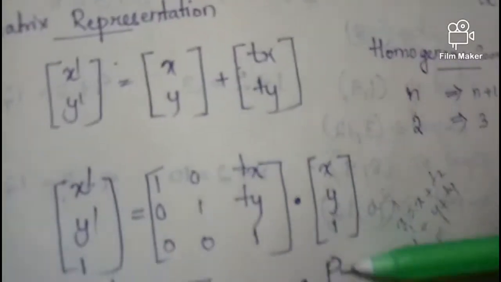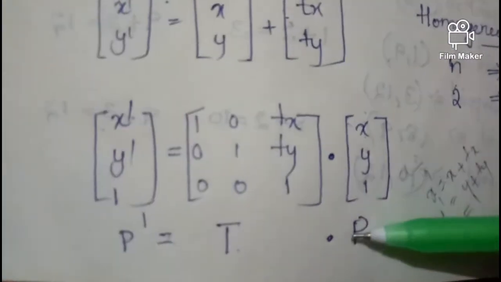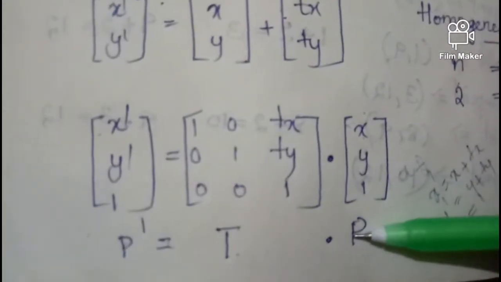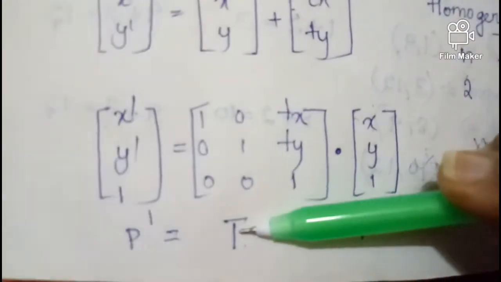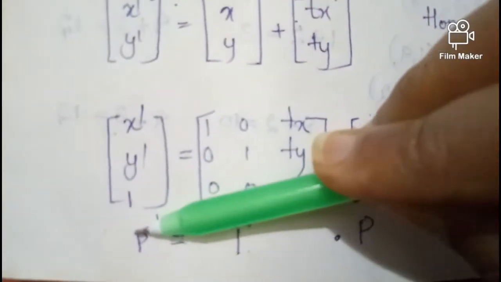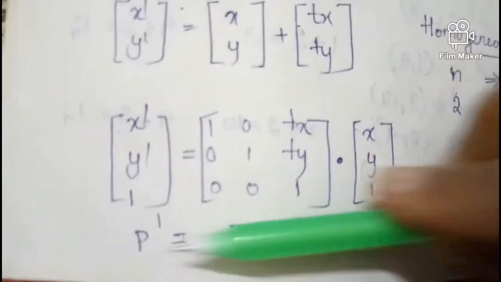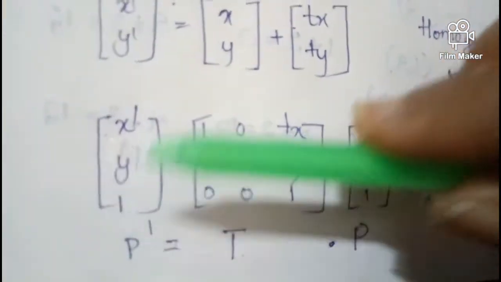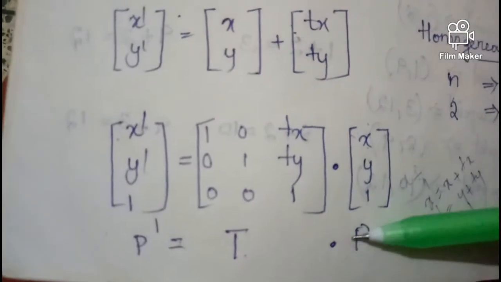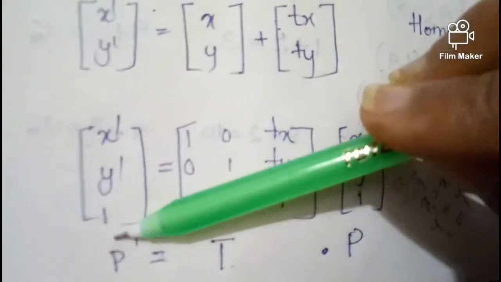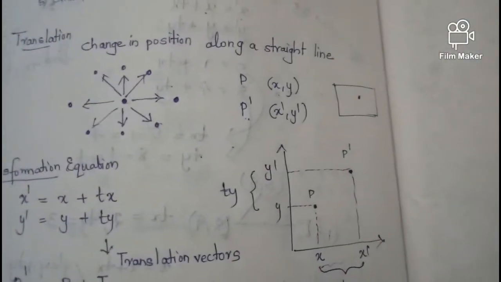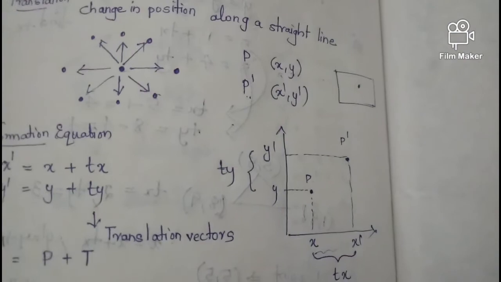That means this was the initial point. When you apply translation to the initial point, you will get the final point. So this is the order from right to left. You can take the initial point first, then apply translation, and you will get the final point p dash. So this is the order of representation in translation.